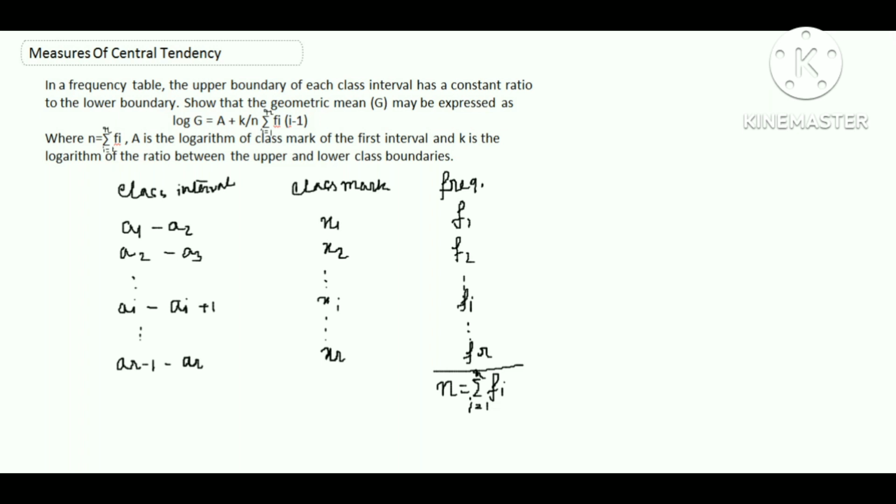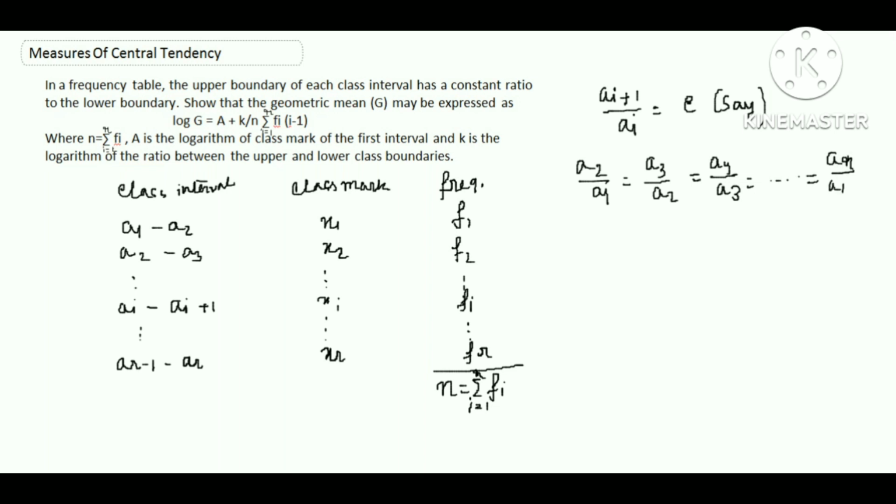So we take this as A_(i+1) divided by A_i equals a constant term, say C. So we can write A2 divided by A1 equals A3 divided by A2 equals A4 divided by A3, and so on, and the last term is A_r divided by A_(r-1) equals the constant C.